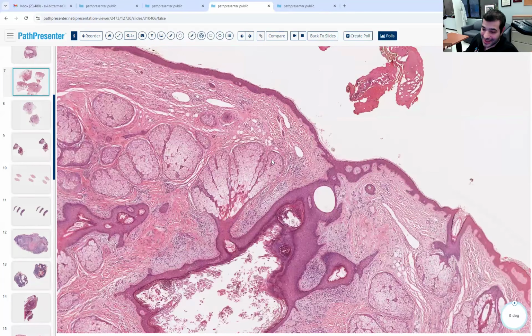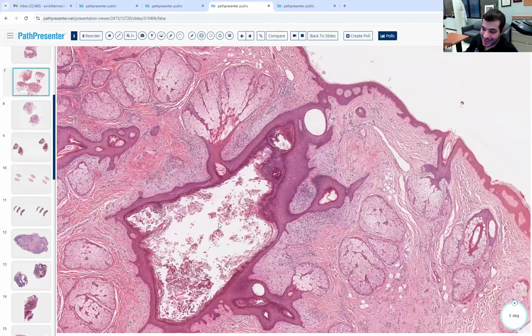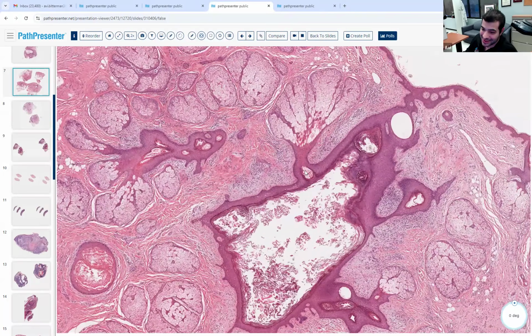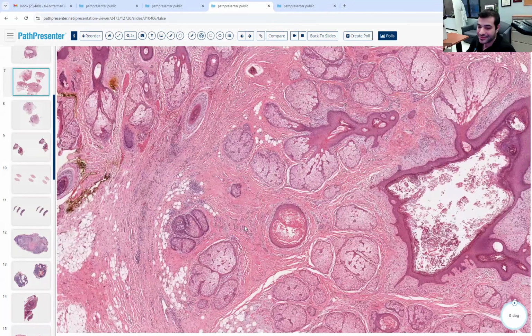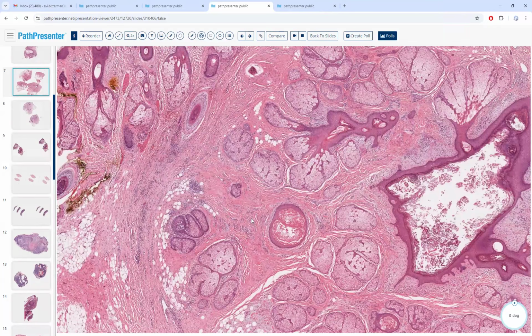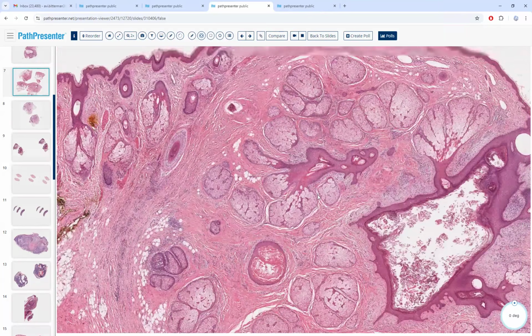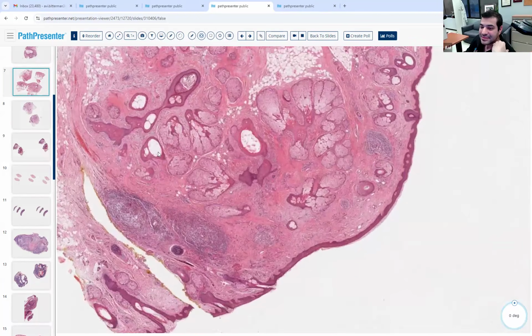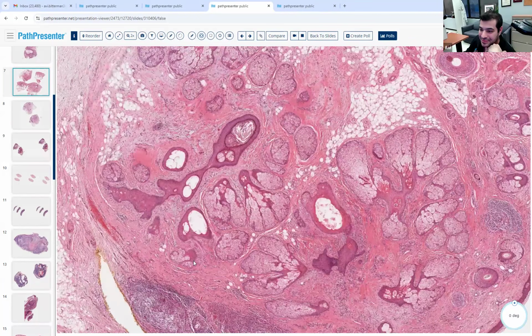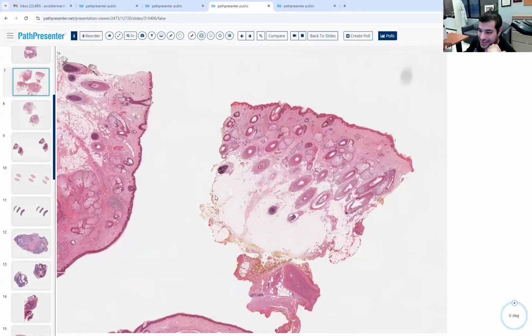In this case, it's actually connected to the sebaceous gland. So there are a lot of sebaceous glands, and there's a cystic structure. What's the stroma like? Fibrous. Yeah, there's a fibrous stroma here, more here. It's fairly sizable.